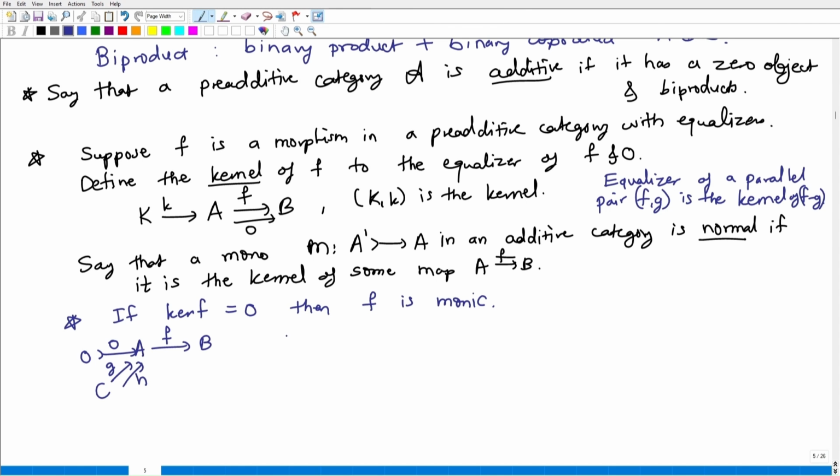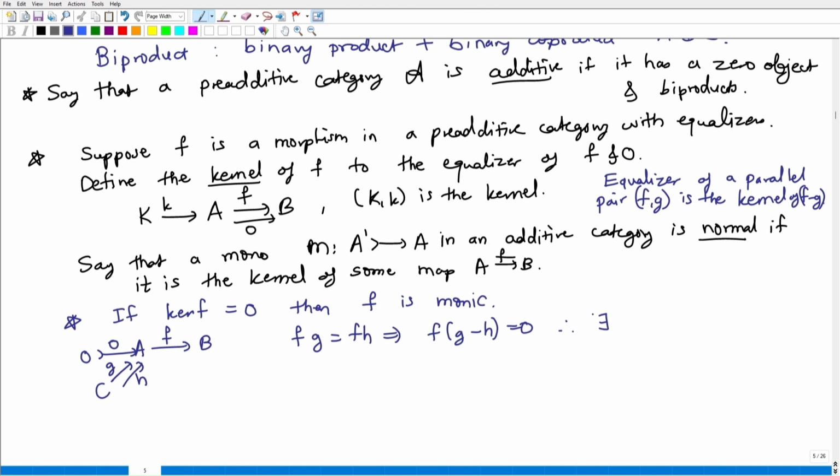Suppose fg is equal to fh. Then f composed with g minus h is equal to 0. Anything which composes with f to give 0 has to factor through the kernel.